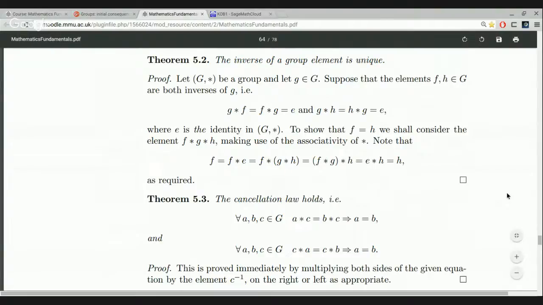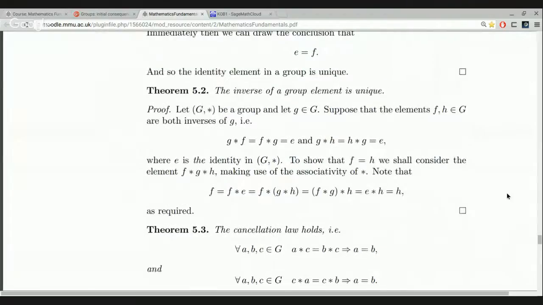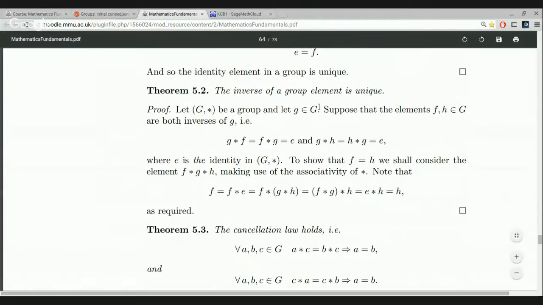When you look at it some ways, it's not immediately obvious. But it does follow from the collection of those four group axioms. So let's see how the argument goes. This time, we start with an element G, and we suppose that there are two inverses for it.